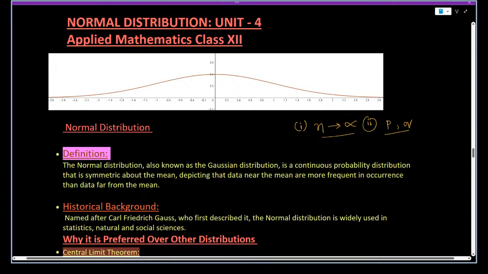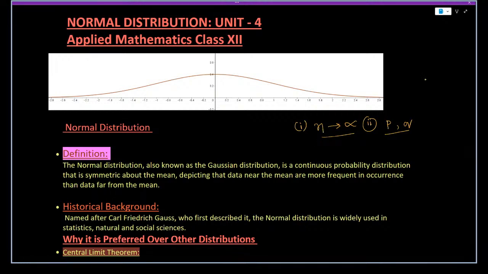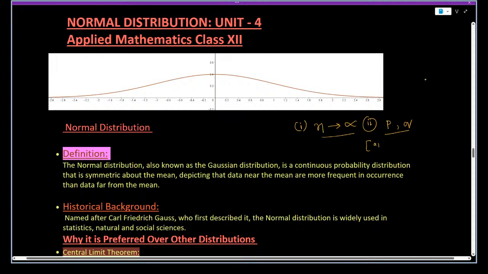Obviously this cannot be a discrete distribution. The values of their heights or weights change over a wide range. So better you keep those observations within an interval a comma b.